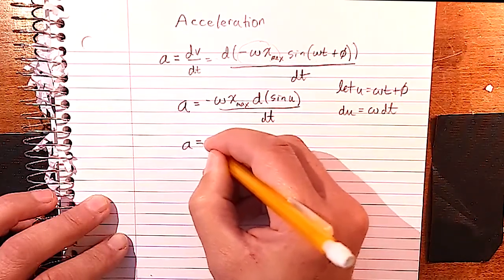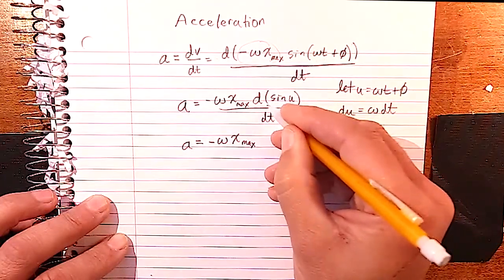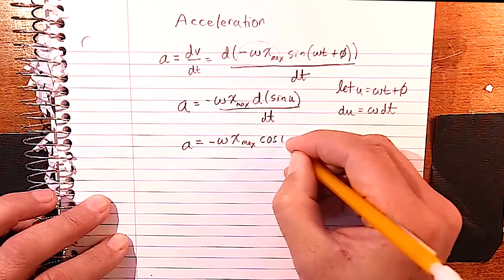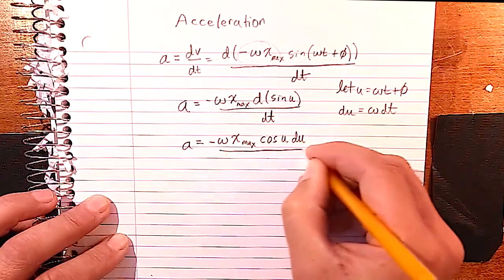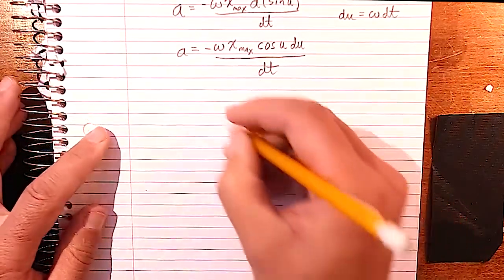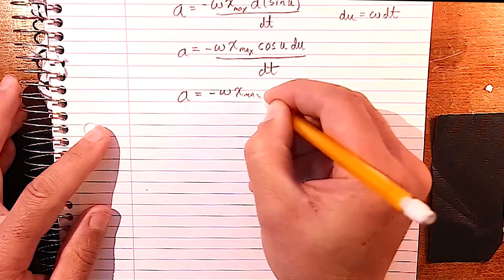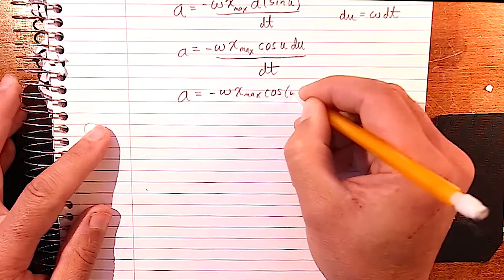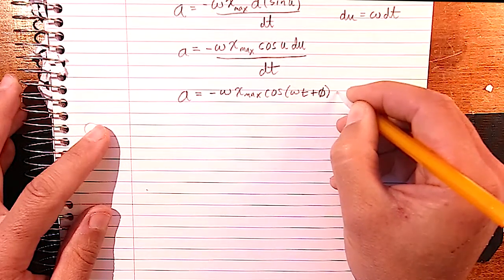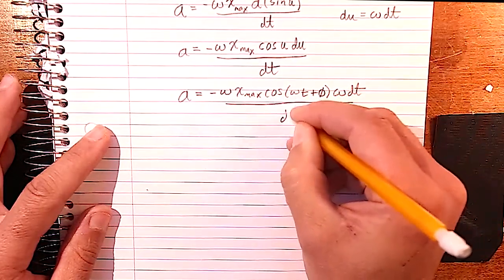So that acceleration is going to be equal to negative omega x max. And then what's the derivative of sine? Derivative of sine is cosine, so that's going to become cosine of u du divided by dt. So subbing in for our u, we have x max cosine. Our u is equal to omega t plus phi, and that's times du, but our du is now omega dt all over dt.